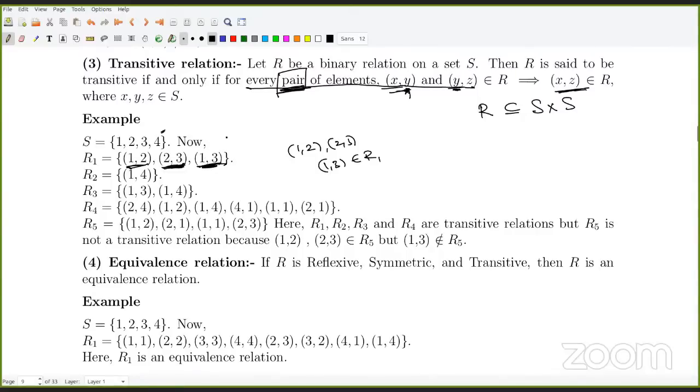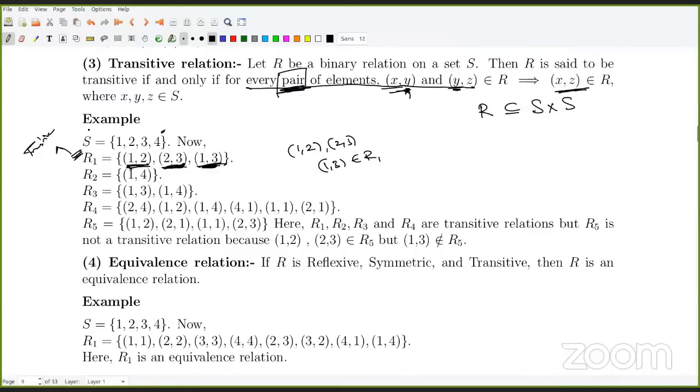Check whether there is any other element which starts with 3 so that it forms a pair. There is no other element which starts with 3. So with respect to this element also it is transitive. So once with respect to every element it is transitive, we say R1 is transitive.